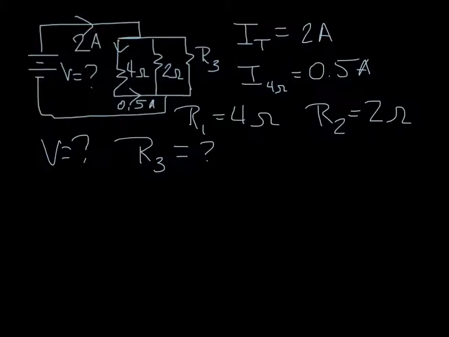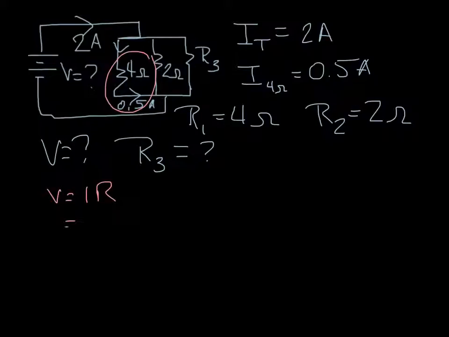They're easy to find. Let's look at the first thing to look at. We are going to look at what's going on with that 4 ohm resistor. We know that V equals IR. We have I. We have R. So we can find the voltage of that circuit.